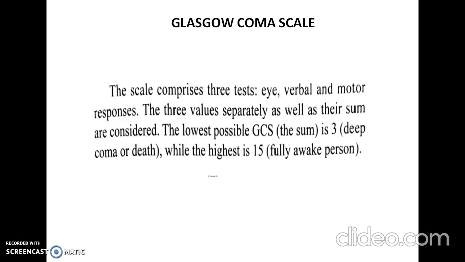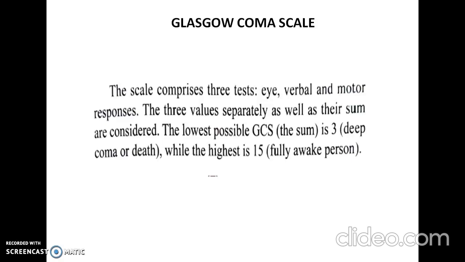The lowest possible GCS score is 3, from which we can conclude the person is in deep coma or dead. The highest is 15, which represents a fully awakened person. This score is obtained by summation of the 3 responses from eye, verbal and motor.